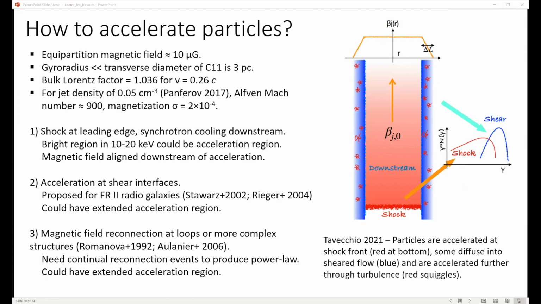Excellent. May I ask a question to Evgeny just? Yes. I don't understand why you think there is a direct relation of acceleration and the magnetization. I mean, energy goes to the relativistic particles. If you are talking about highest energy electrons, then yes, but otherwise there's no direct link.